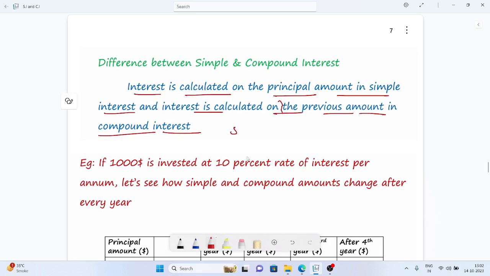In simple interest, we always calculate the interest on the initial value, or on the principal. But in compound interest, you calculate the interest on the amount you got previously.